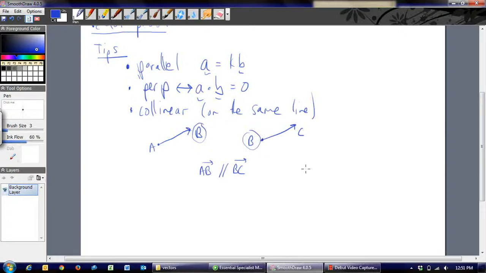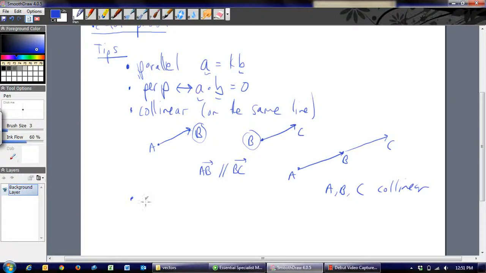So the drawing doesn't look like this; the drawing actually looks like this: A, B, and, remember they're parallel, C. It looks like this because they're the same point. If you can show that AB is parallel to BC, then you can say that A, B, and C are all collinear. They're all on the same line because B is that common point. So that's something to remember if you're trying to prove that things are collinear.